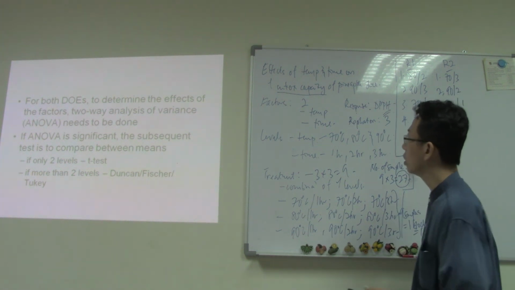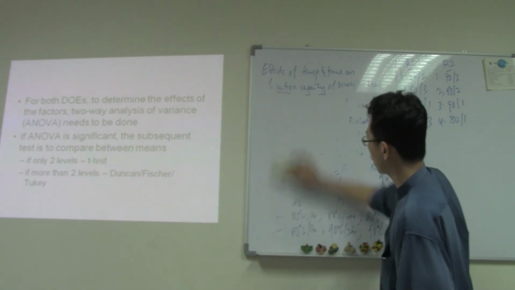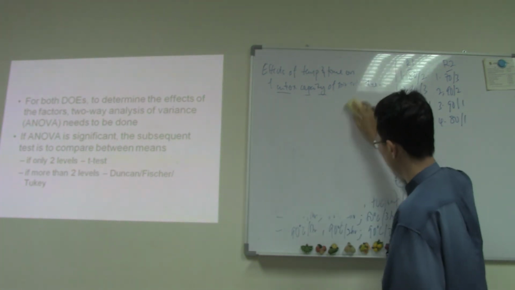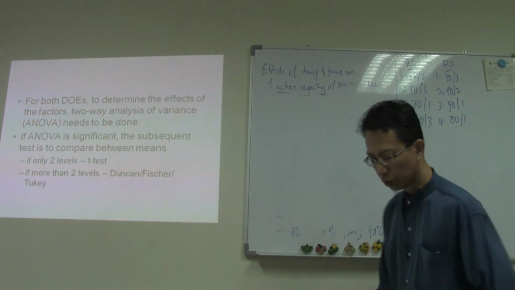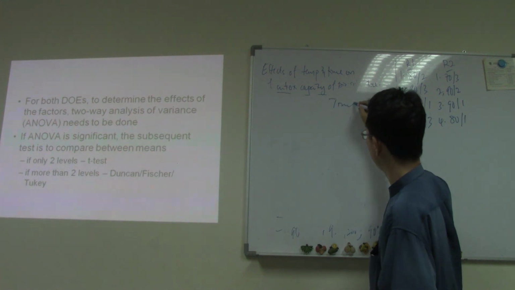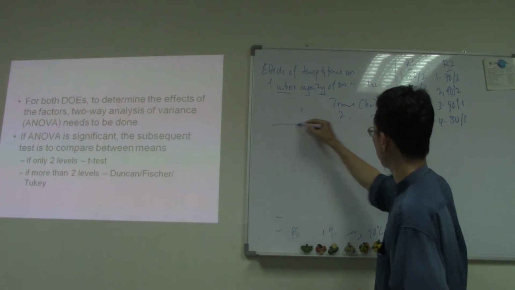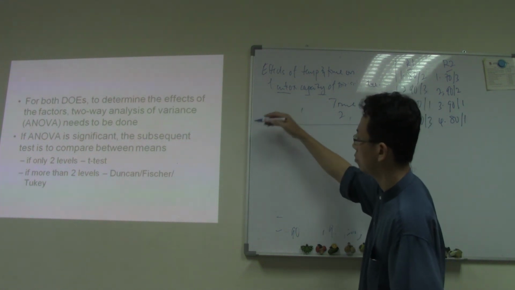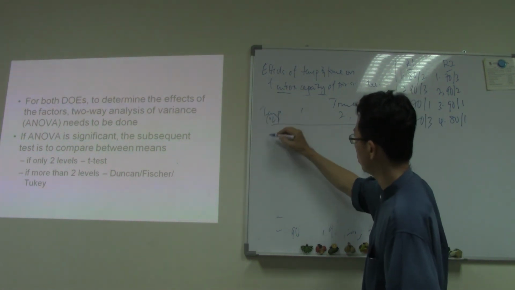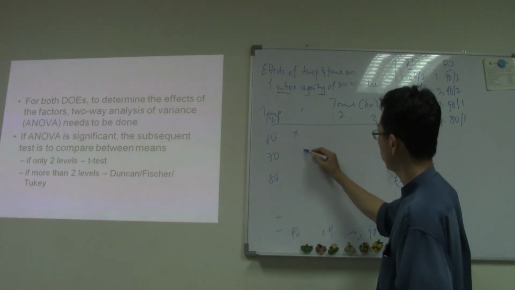Sometimes when we read papers, we can see that there is a table of data, and the way they write the data is, for example, this is time, 1, 2, 3 hours, and this is the temperature, degrees C, 60, 70, 80, for example, and these are all your data.